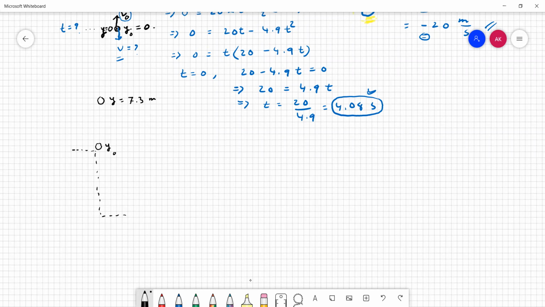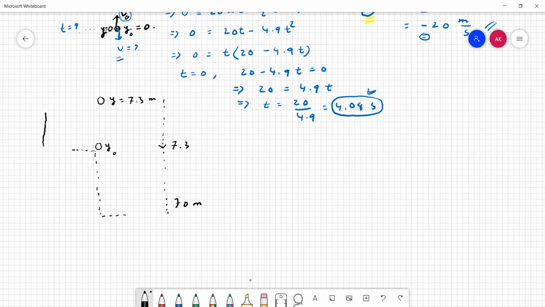So it goes there by 7.3 meters, but then the stone comes back down. That is another 7.3 meters. Then the height of the cliff is 70 meters. So the total distance, basically, I can follow like that.